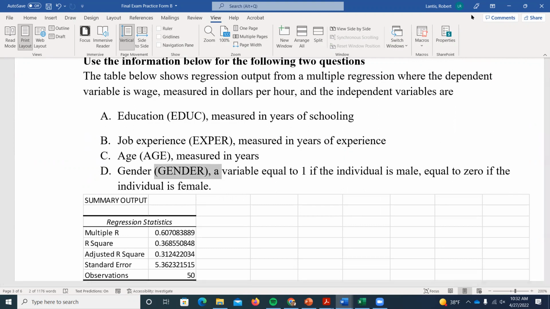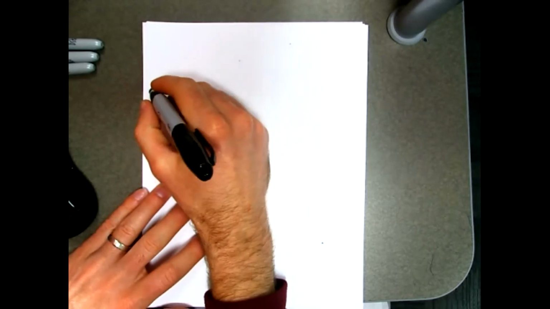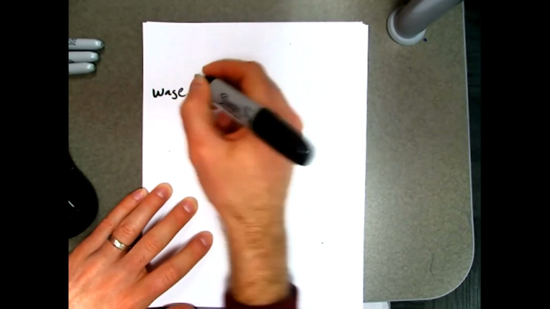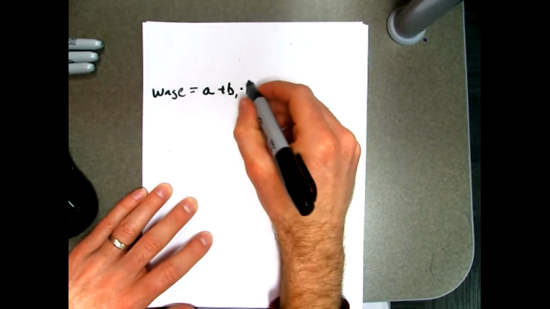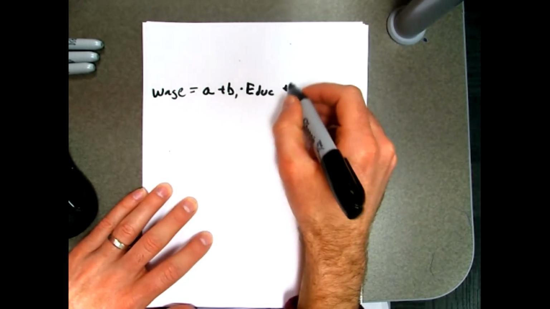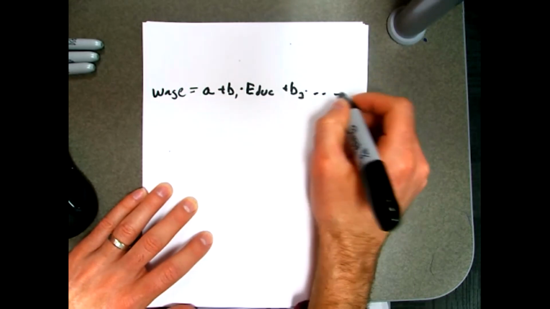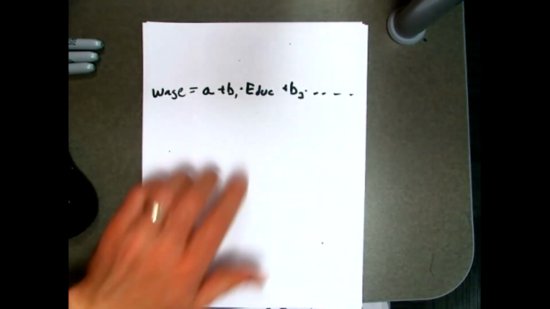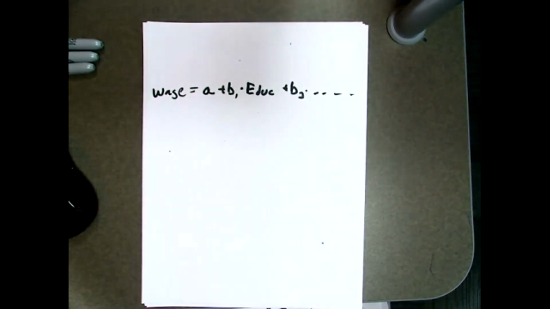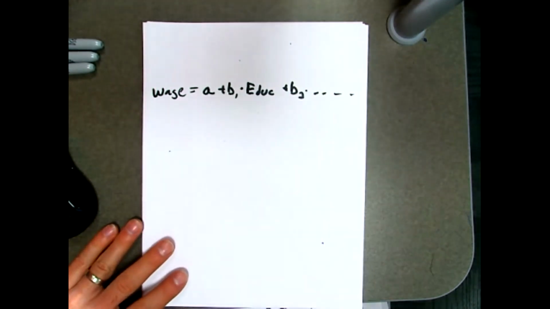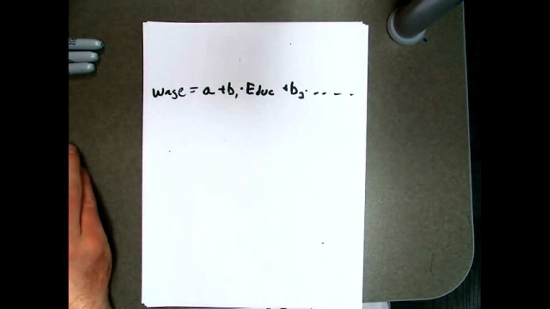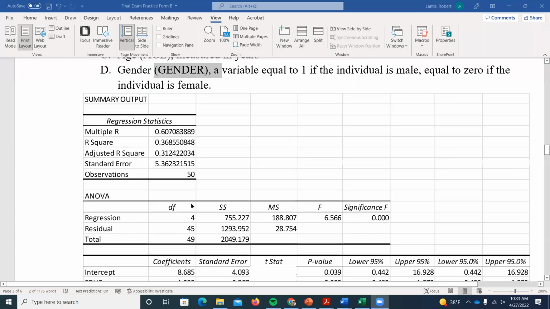So we've got this regression with wage, our intercept, education, and all the other variables. The question asked specifically about education next, so we include all of those control variables on the right-hand side. We run this regression and Excel gives us this output.